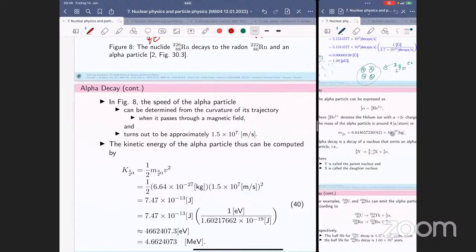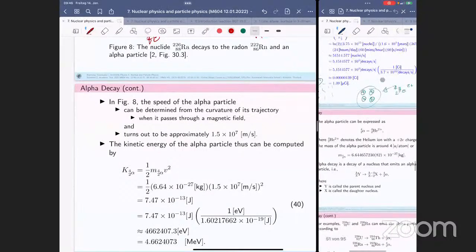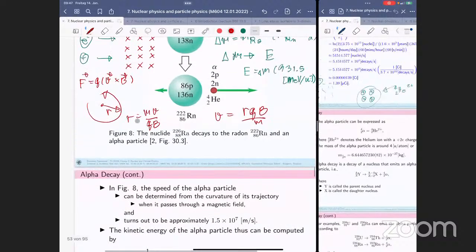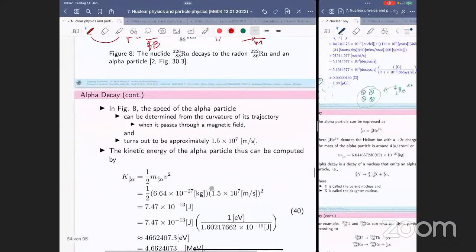You can approximate this one, it's very important. That's the scale of the mass of the alpha particle. And the velocity is what they found from the measurement, which is 15 million meters per second.